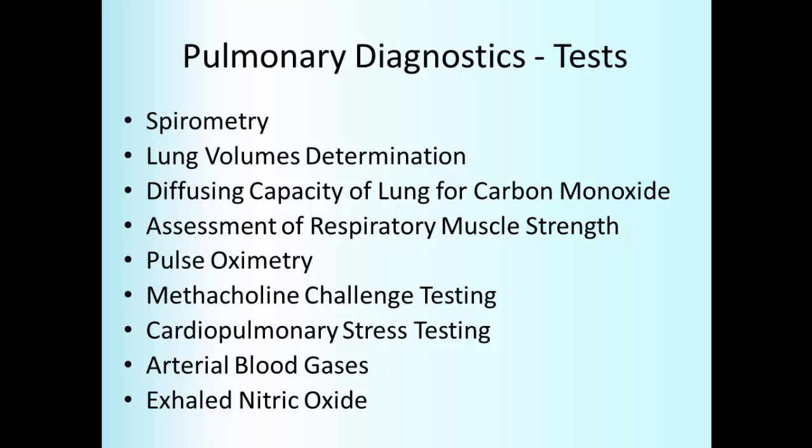Pulmonary diagnostic tests that we'll be talking about include spirometry, lung volumes determination, diffusing capacity of the lung for carbon monoxide, assessment of respiratory muscle strength, a pulse ox, methacholine challenge testing, cardiopulmonary stress testing, ABGs, and exhaled nitric oxide.